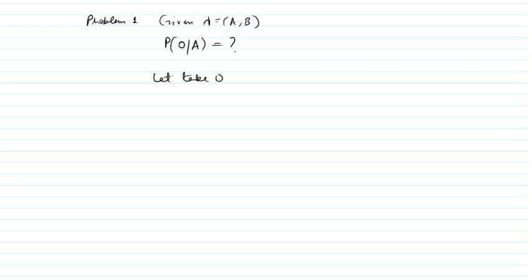So problem 1: given lambda equal to A, B, P of O given lambda is equal to question mark. Let's take O equal to 3, 1, 3. Alright. So we don't know here what the hidden sequence of states is.